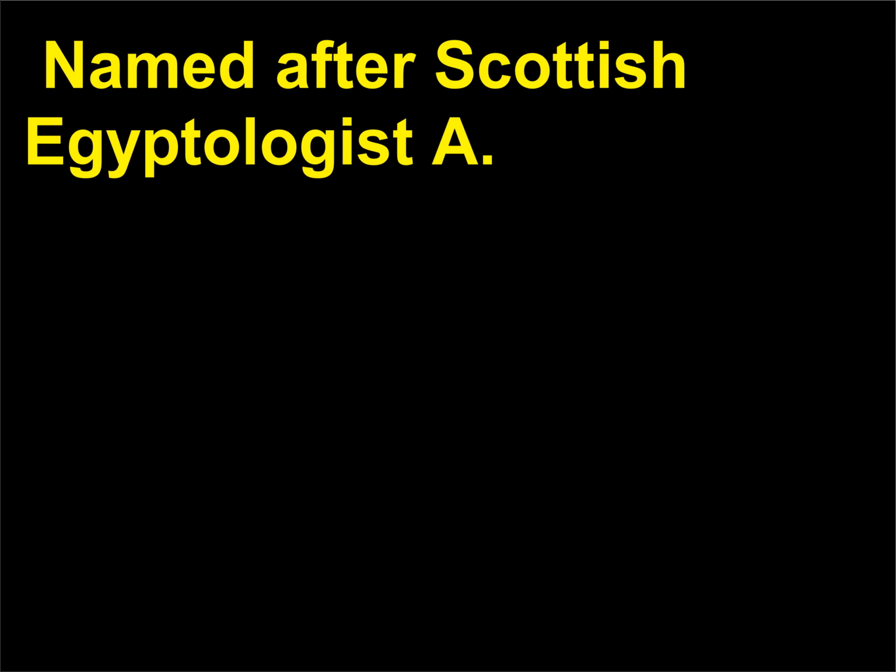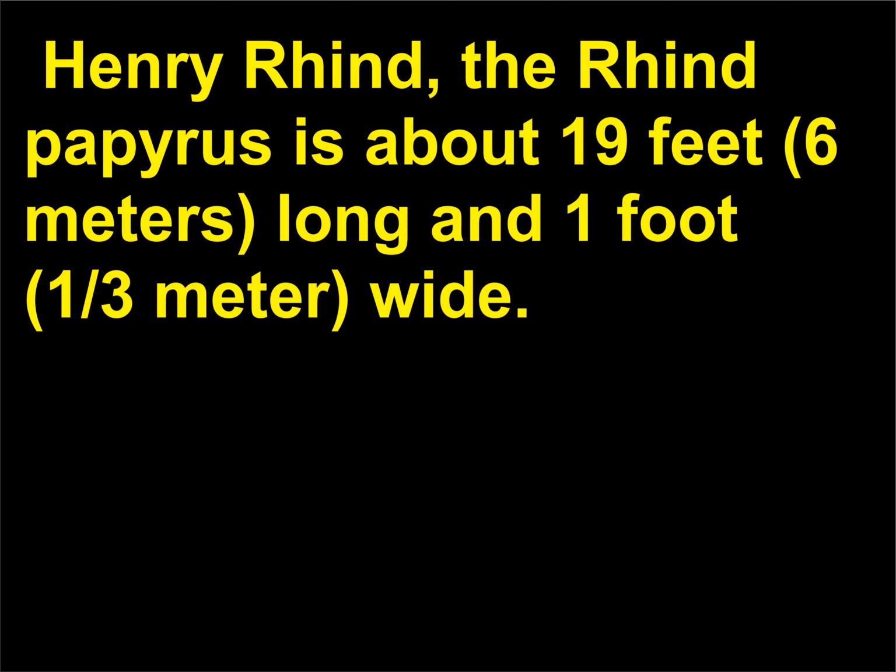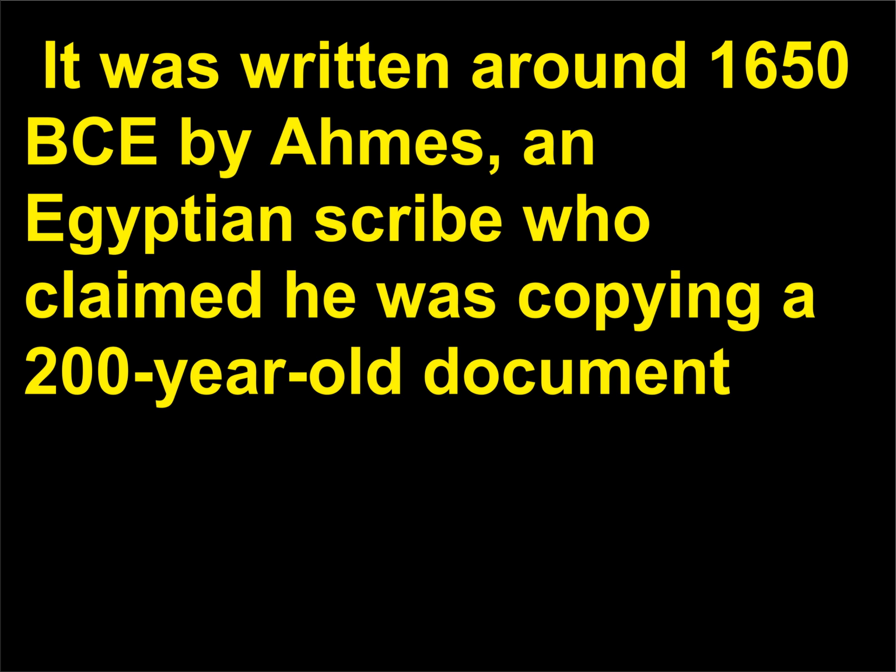Named after Scottish Egyptologist A. Henry Rhind, the Rhind papyrus is about 19 feet, 6 meters, long and 1 foot, 1/3 meter, wide. It was written around 1650 BCE by Ahmes, an Egyptian scribe who claimed he was copying a 200-year-old document.